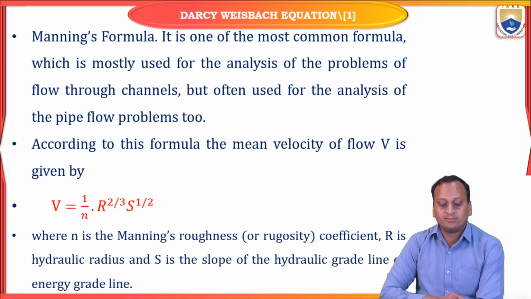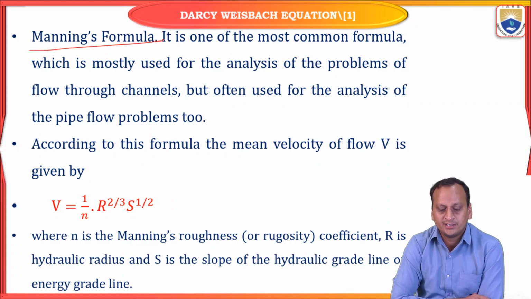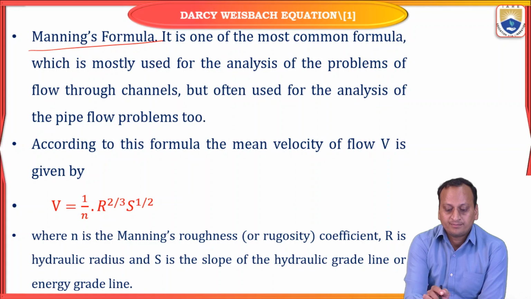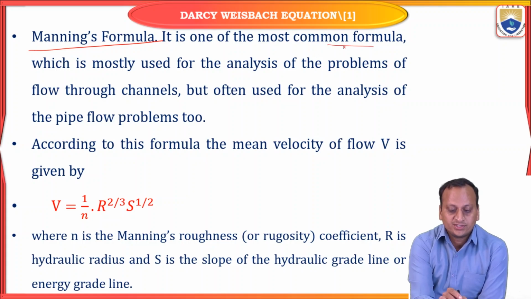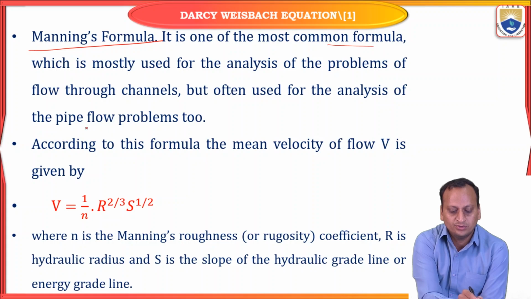In Manning's formula also, we can calculate the major energy loss. It is the most common formula, mostly used for analysis of flow through channels, but often used for the analysis of high flow problems too.